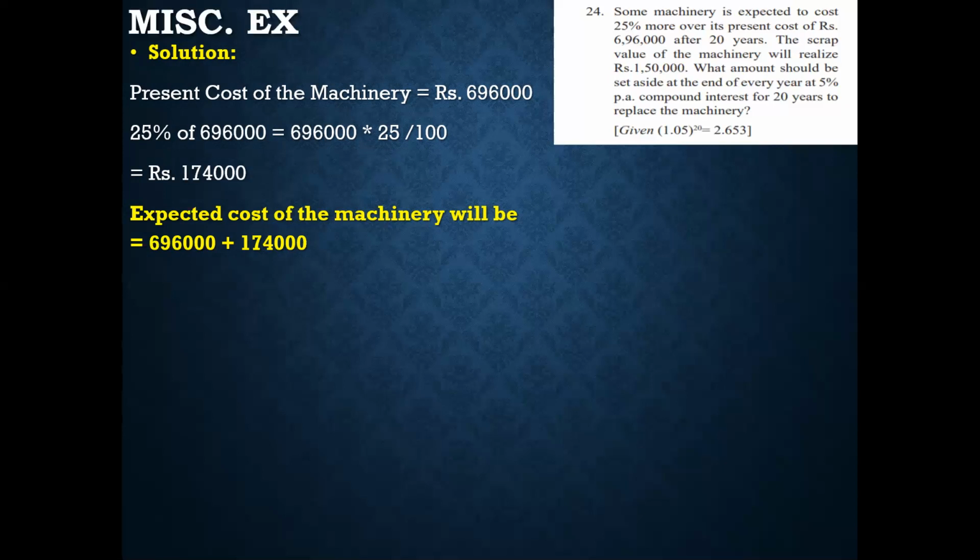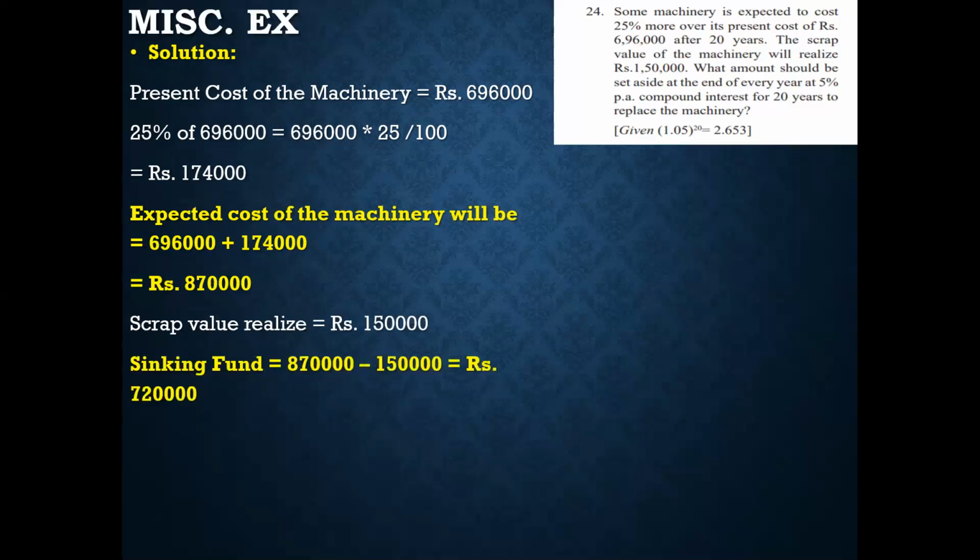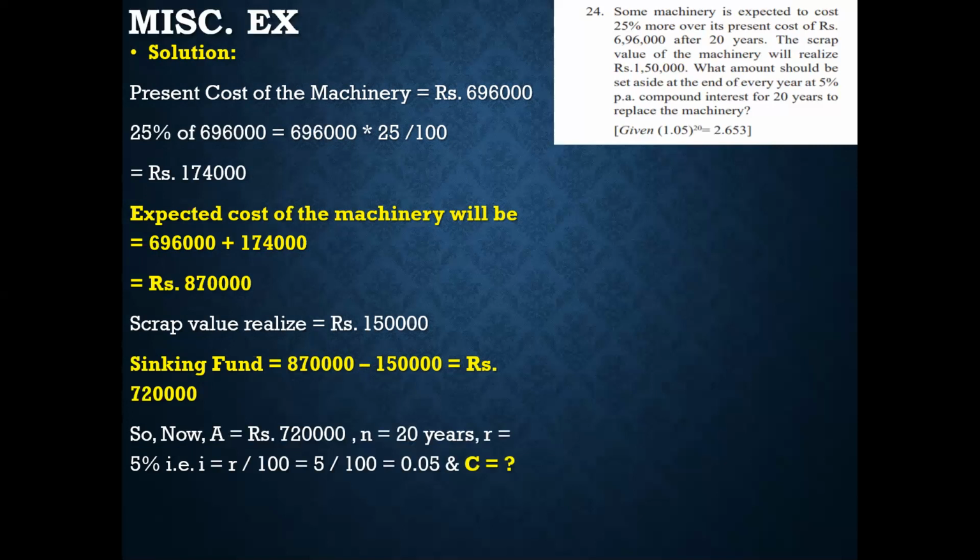So you will add 6,96,000 plus 1,74,000, which gives you rupees 8,70,000. Now the scrap value is 1,50,000. So what will be the sinking fund amount? What will be your emergency amount in case? So 8,70,000 minus 1,50,000, which is rupees 7,20,000.